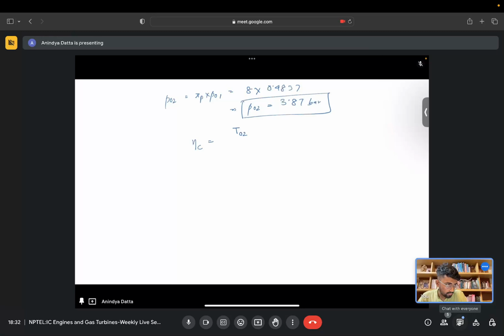T02' minus T01 divided by T02 minus T01, right?